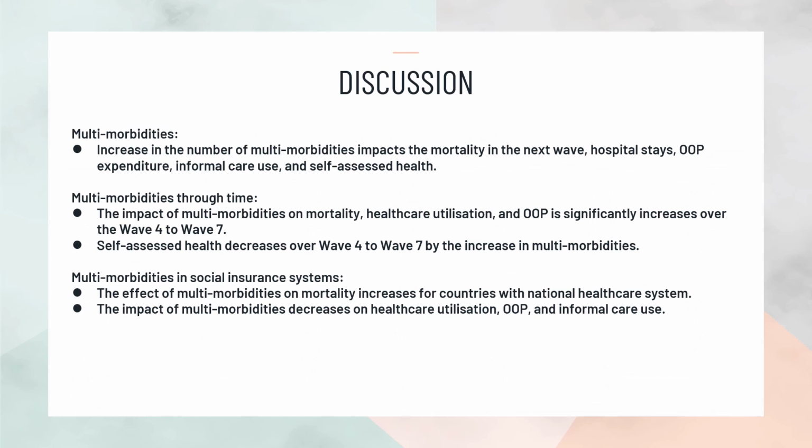We found that the impact of multimorbidities on mortality, healthcare utilization, and out-of-pocket expenditure significantly increases from wave 4 to wave 7, whereas self-assessed health decreases from wave 4 to wave 7 with increasing multimorbidities. Finally, the effect of multimorbidities on mortality increases for countries with a national healthcare system, whereas the impact of multimorbidities decreases on healthcare utilization, out-of-pocket expenditure, and informal care use.